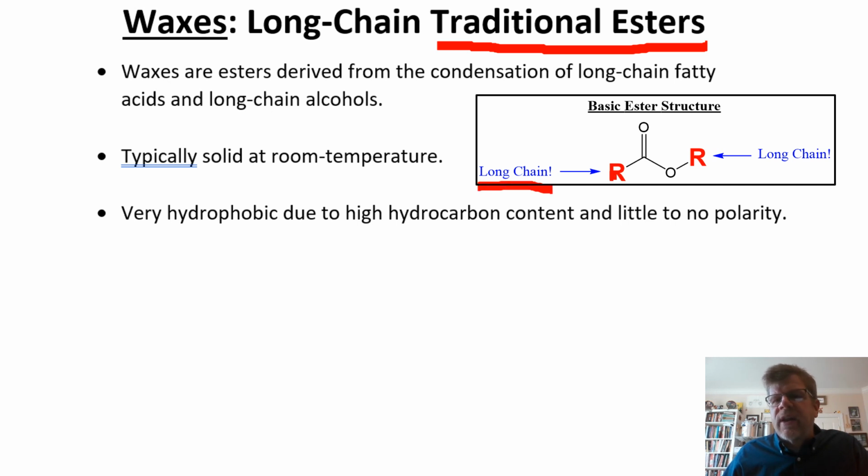We have long-chain R groups on either end, such that we would have an ester bow in the middle, and extending out from that, these R groups would be very, very long. When we have that sort of situation, we define what are known as natural waxes. Waxes are long-chain traditional esters.